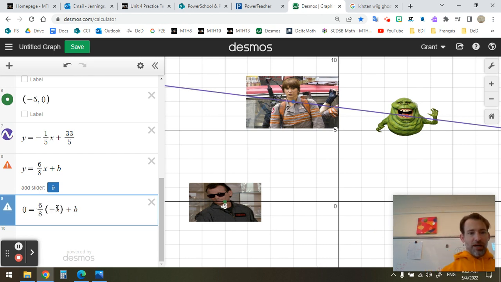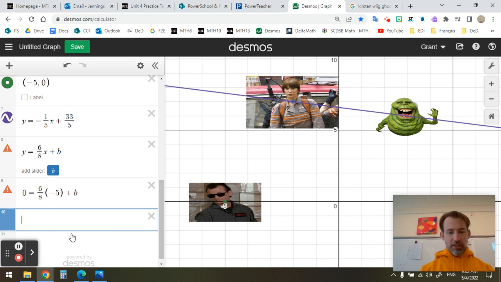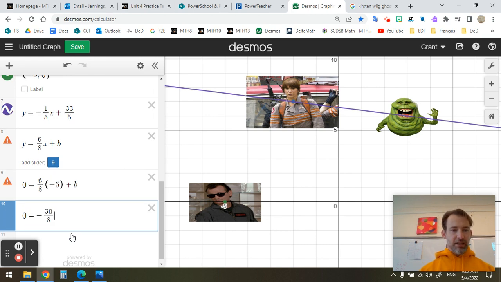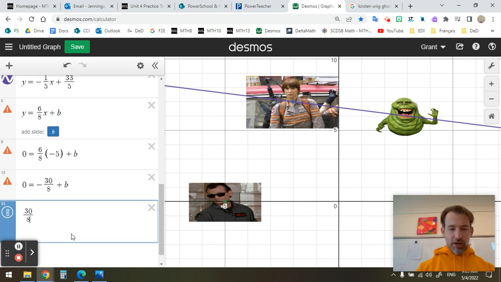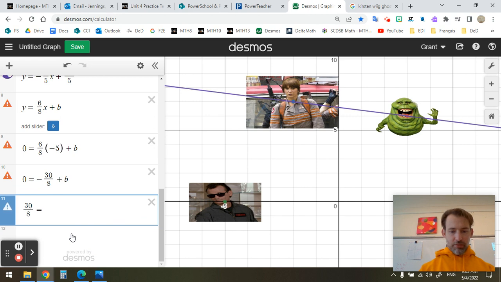So now, 6 over 8 times -5 gives me 0 equals -30 over 8 plus some value b. And now I add 30 over 8 to both sides. So that would be 30 over 8 equals b.